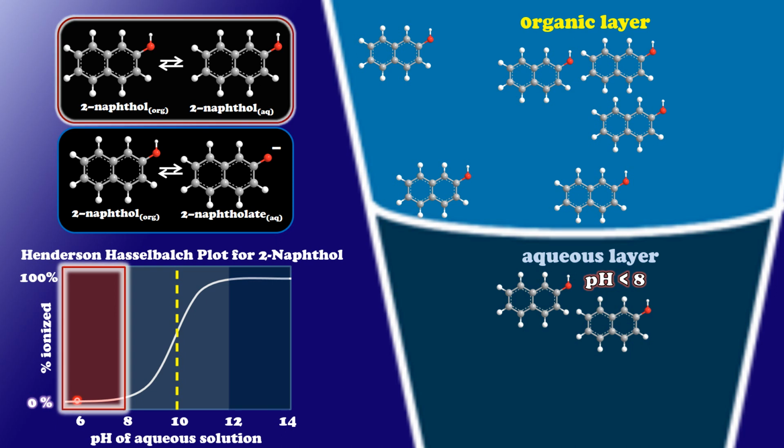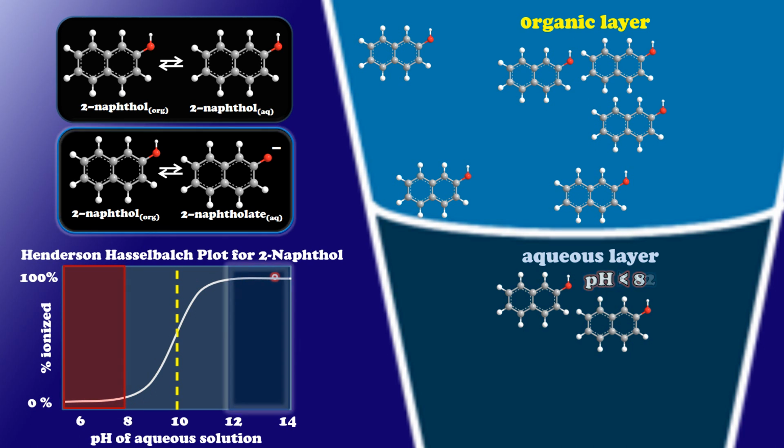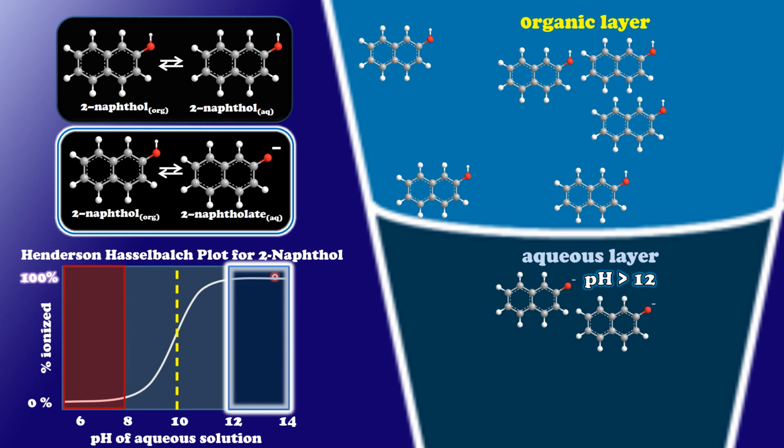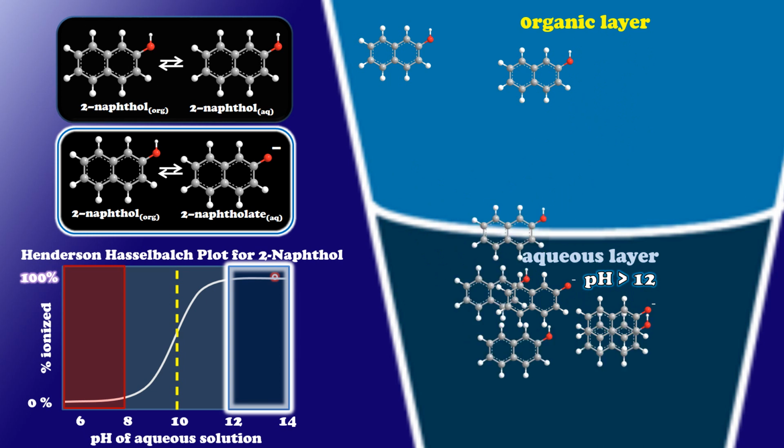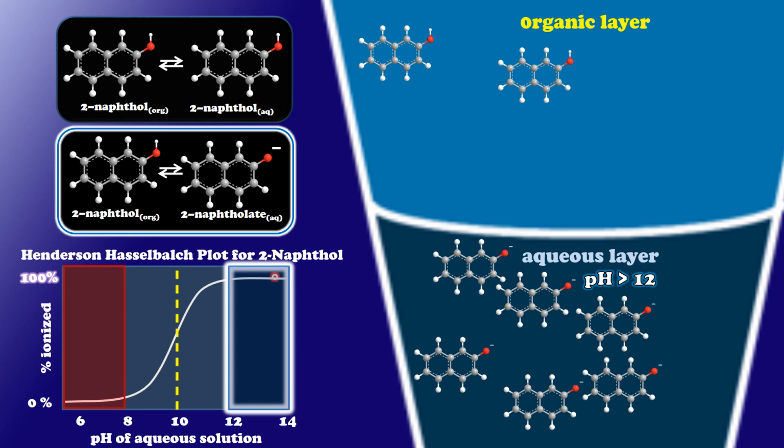But as I change the pH of the aqueous layer, again moving up to something like 12, 13, or 14, now I'm dealing with dissolved naphthalate, whose concentration is much greater, and therefore I expect more of the naphthol to partition into the aqueous layer. So I can alter the pH of my aqueous layer as a means of determining or directing my naphthol from one phase to the other, depending upon my needs.